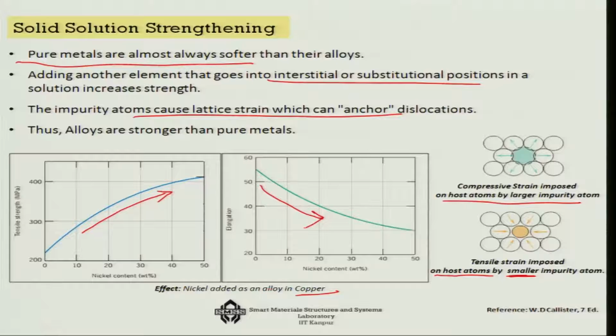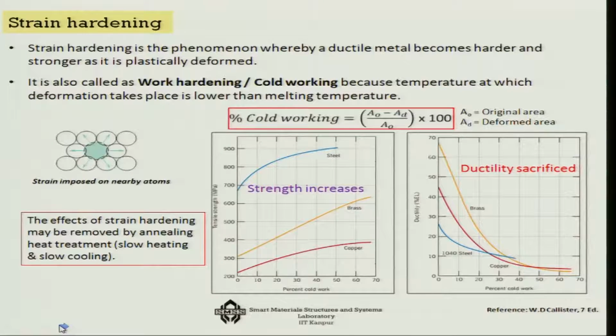So that is another strategy of making pure metals harder, by inserting impurities.